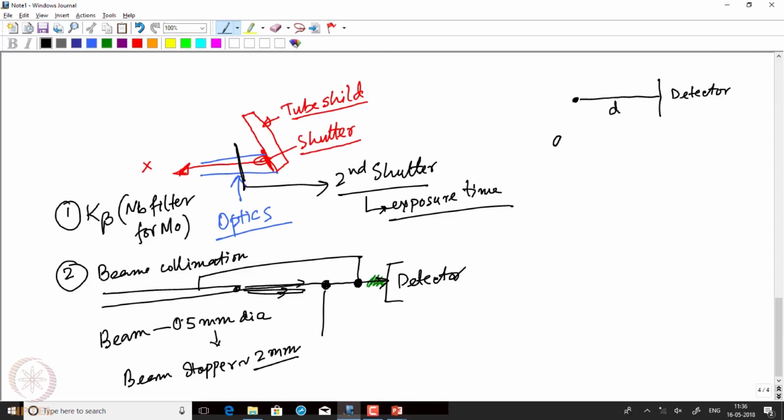This distance for any routine data collection can be between 4 to 10 centimeter, and the detector can move maximum up to 18 centimeter for various purposes. How do we decide what should be my detector distance? The detector distance is determined based on the lattice parameters.